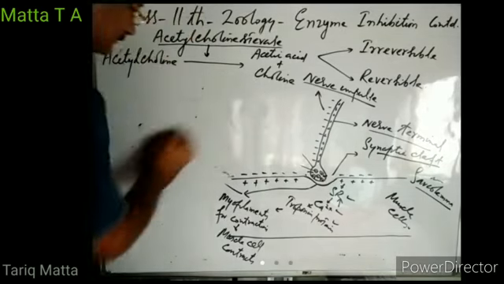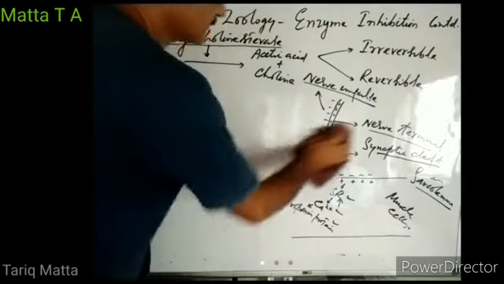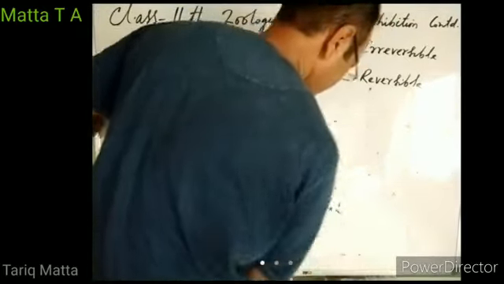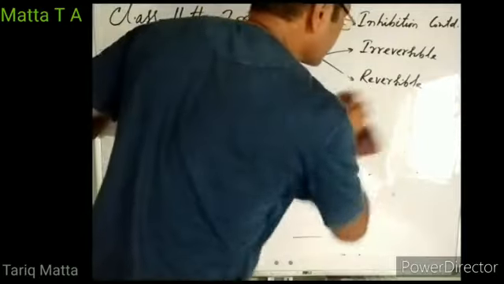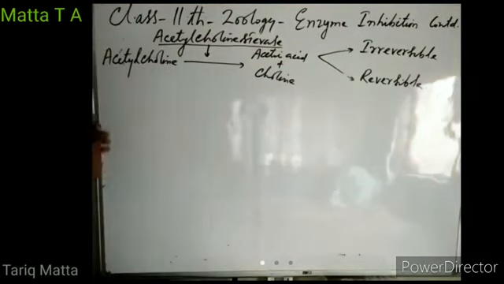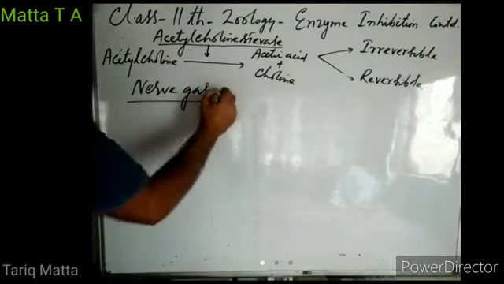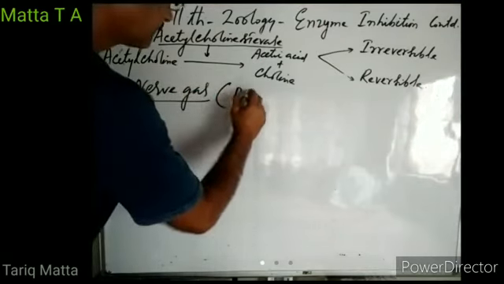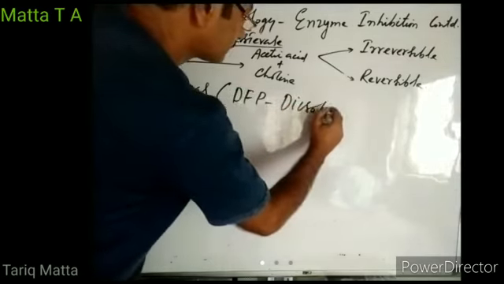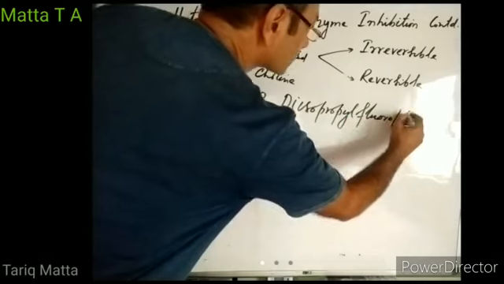You might have heard about gas, which is used in biological warfare. Its chemical name is DFP, diisopropyl fluorophosphate.